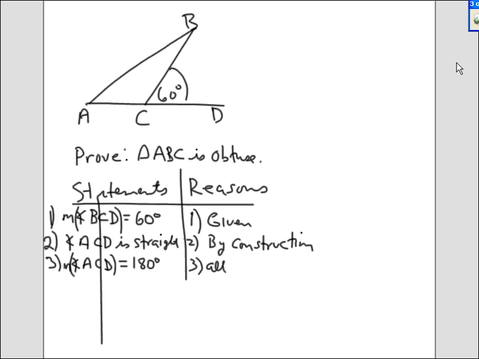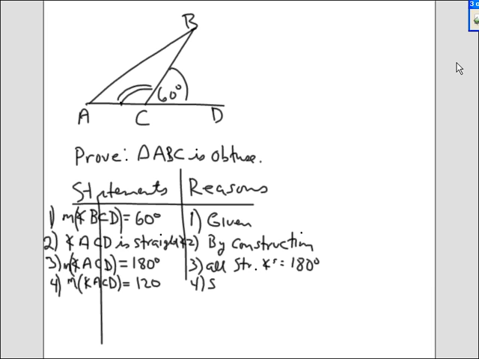In statement 2, I meant to say the angle is a straight angle. All straight angles equal 180 degrees. Statement 4, the measure of this angle right here, ACD, is 120.